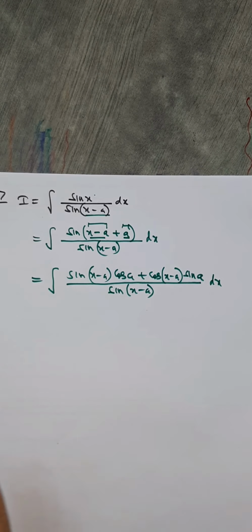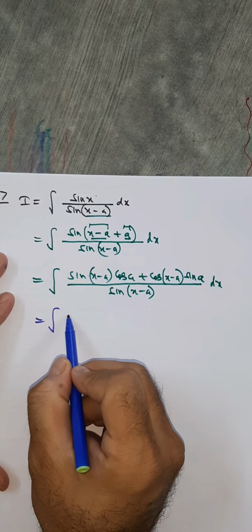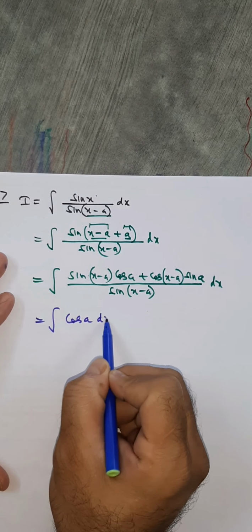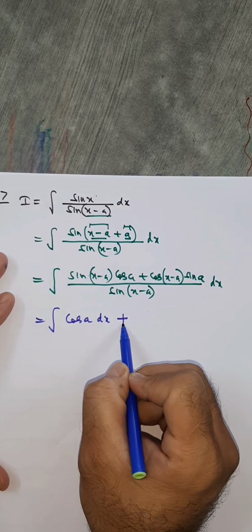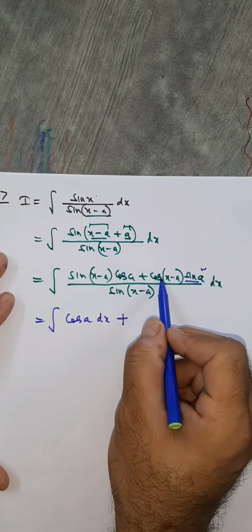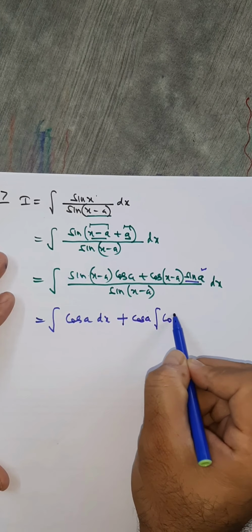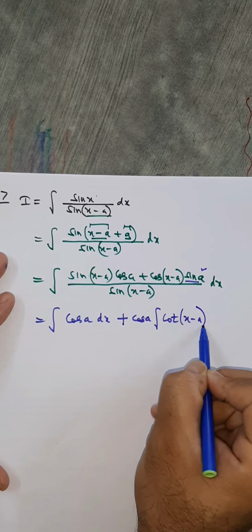Okay, then do individual division. So if you do individual division, this is just cosine a dx, this upon this, plus here sine a is constant, cos upon sine it is, it is cot of x minus a.